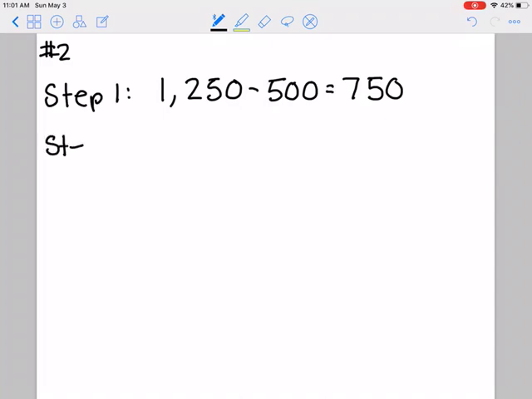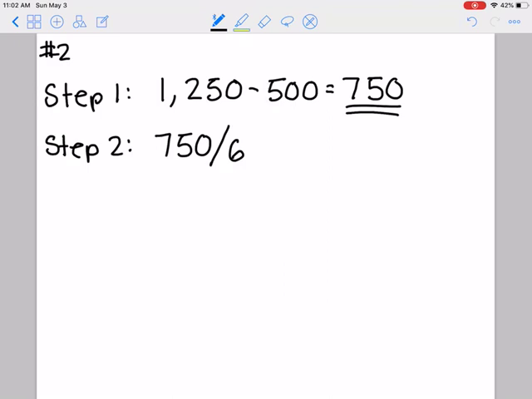Now, step number 2 is figuring out how many tickets they need to raise this much money. So if I have $750 and each ticket costs $6, that would give us how many tickets they need to sell. So how would we write this as one long number model? Remember, you're going to use parentheses to sort out what you would do first.